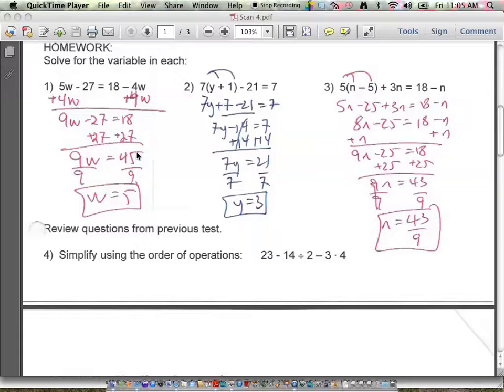Look, here's the theory behind the opposite operation techniques. If you notice that the variables are on opposite sides, we always like to start with the variables.